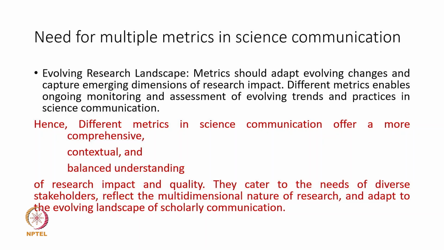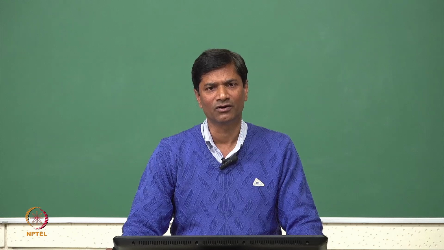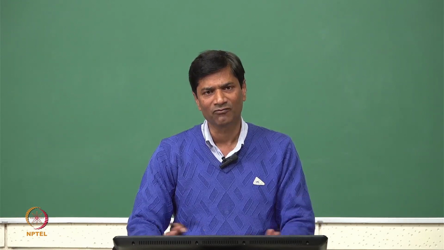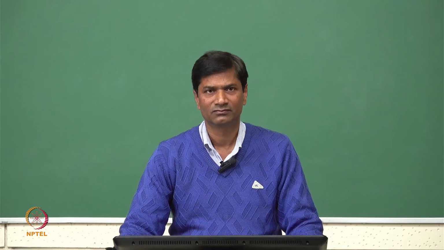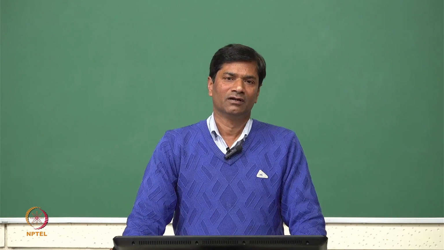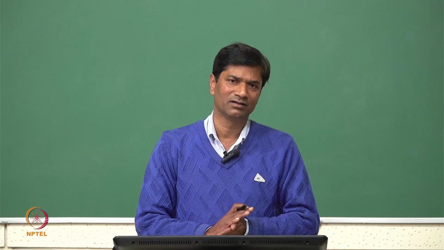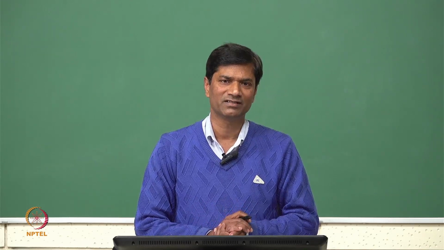They cater to the needs of diverse stakeholders, and being of a multidisciplinary, multifaceted nature, it caters to the needs of science also. It can cover different aspects of science also. Now we have covered the need for different metrics.